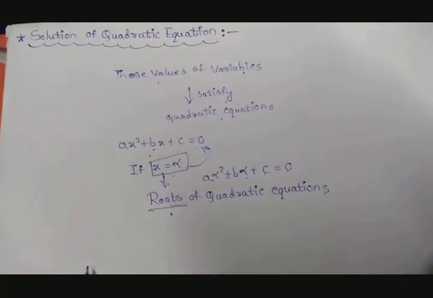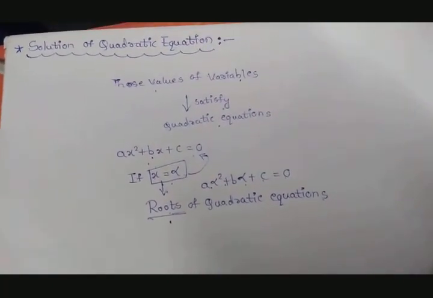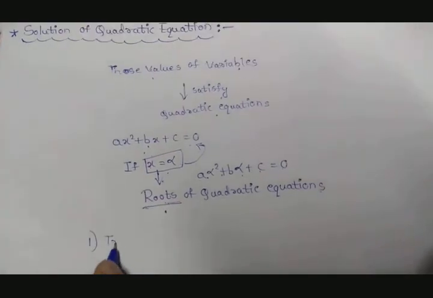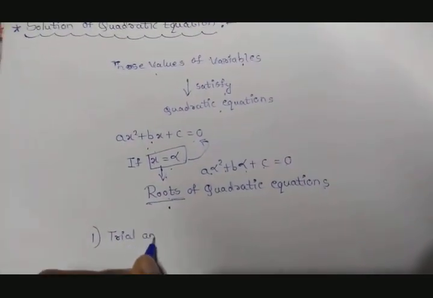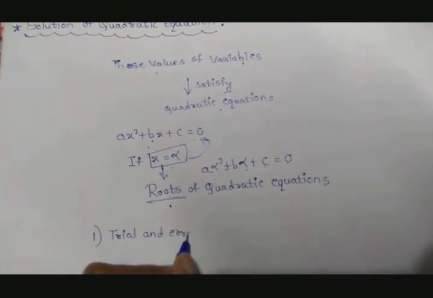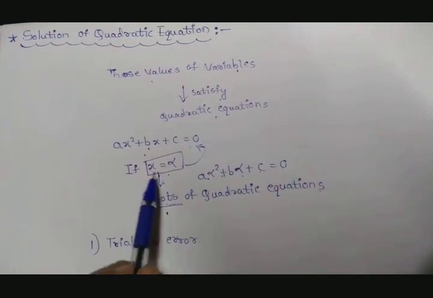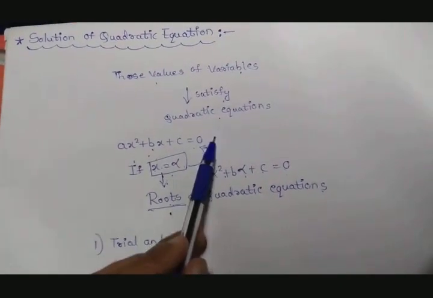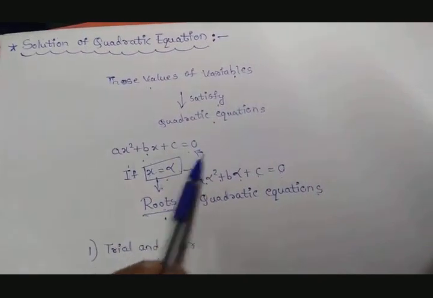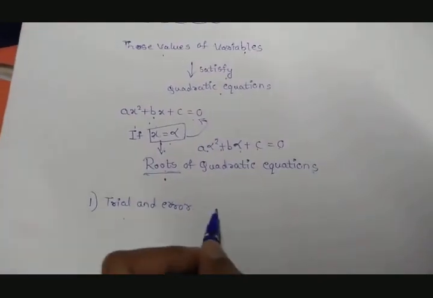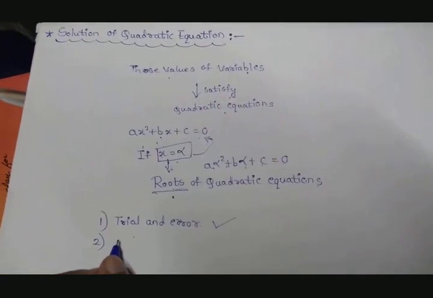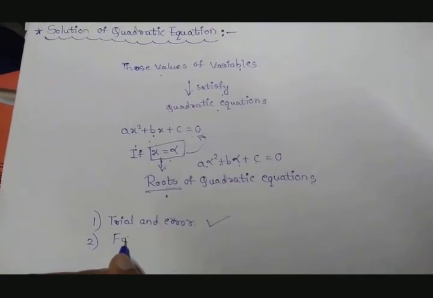So you already know how to find the roots of the quadratic equation. The first one is the trial and error method. We have to keep on substituting some values of x so that the given quadratic equation is satisfied. The second method, which we learnt in the previous 9th class, is the factorization method.